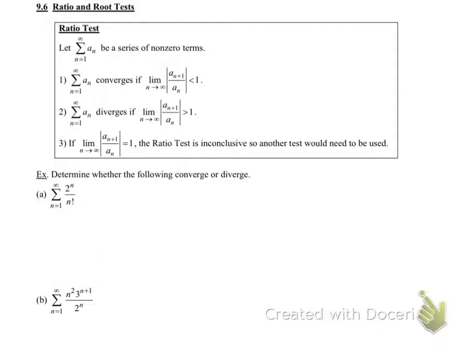Okay, so far you've learned the P-series test, and not all functions are P-series. You've learned the direct comparison test, and not all functions have another function that is super similar to them.